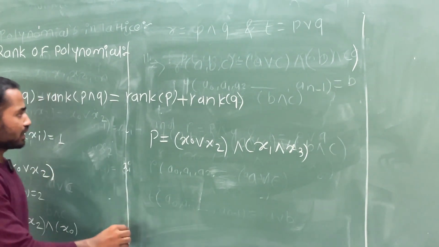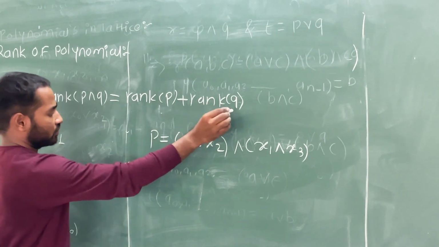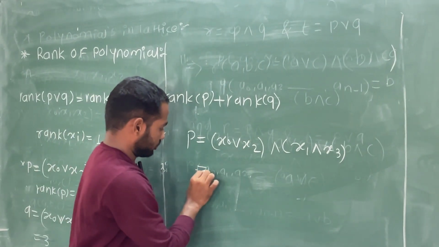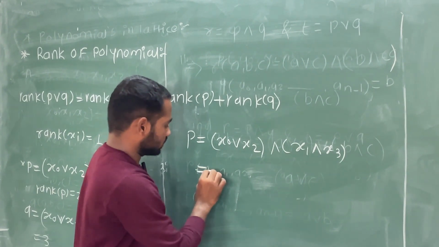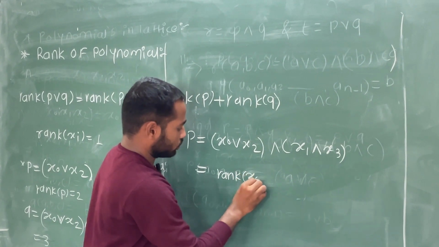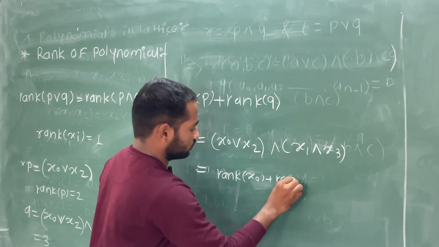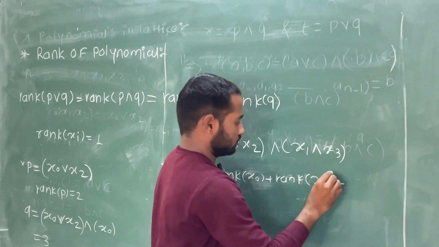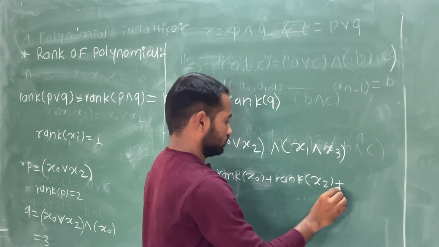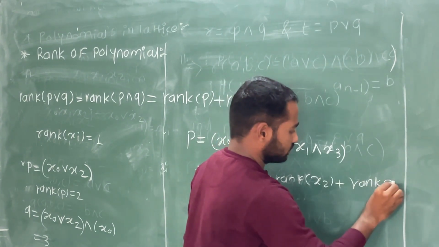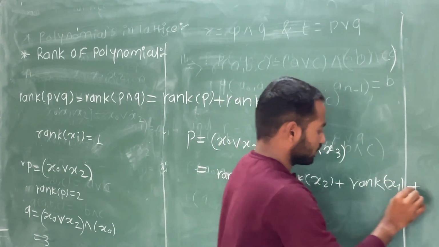Yes, because we can write this as rank of P plus rank of Q. We can further describe it: rank of x0 plus rank of x2 plus rank of x1 plus rank of x3.